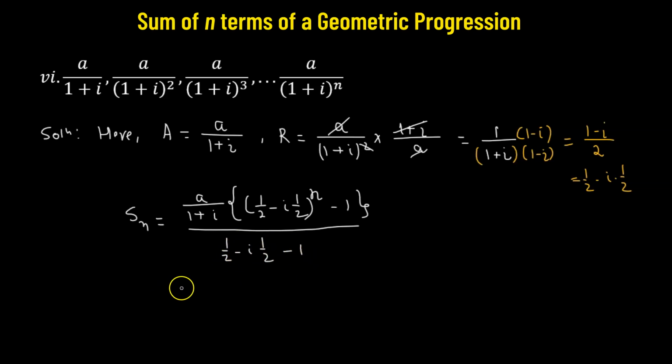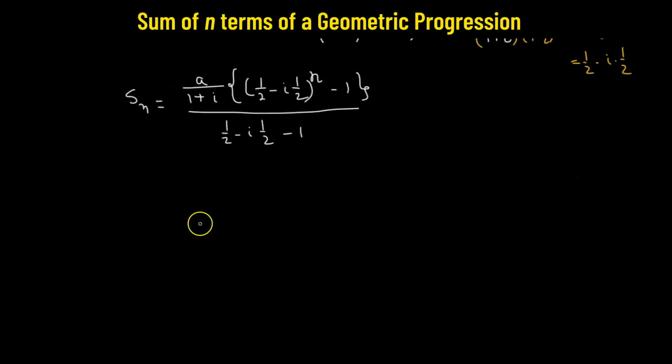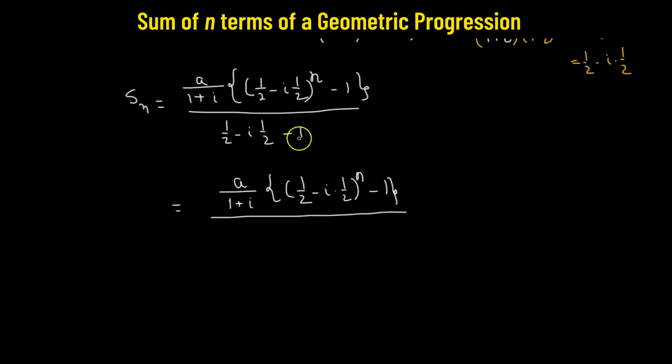That means we're going to have, let's further simplify this, a over 1 plus iota multiplied to (half minus iota times half) raised to the power of n minus 1 divided by, so half minus 1 will be negative half, the negative half minus iota times positive half.